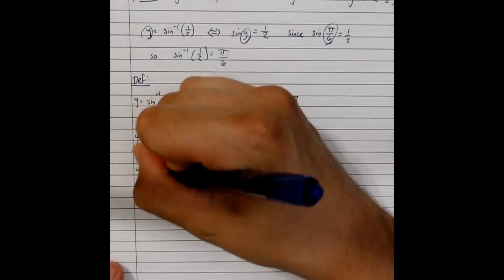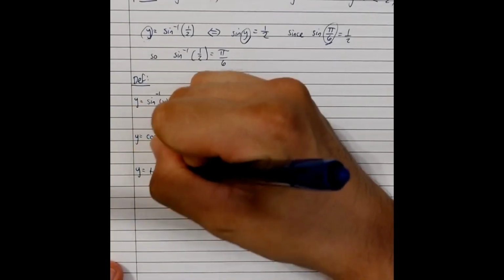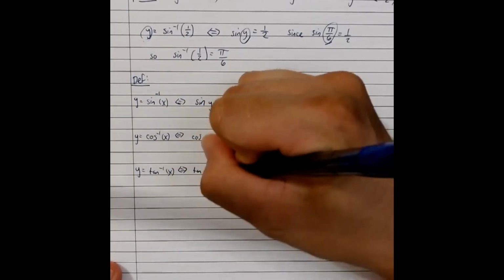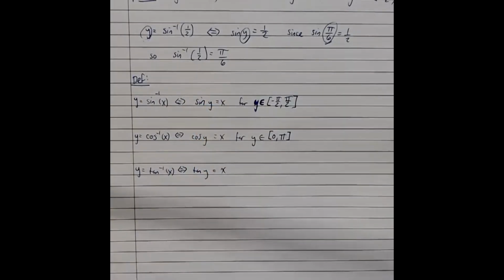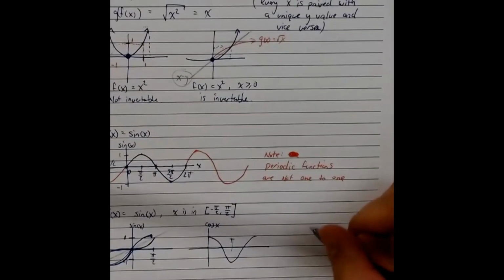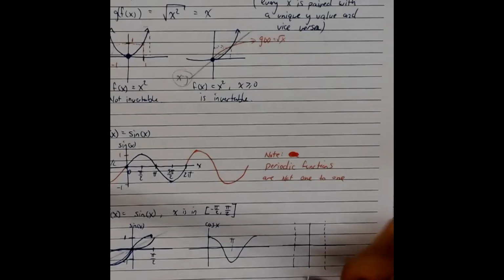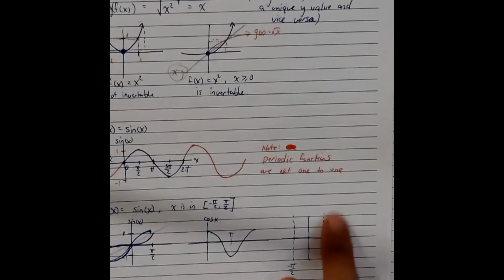Y is equal to the tangent inverse of x. That's equivalent to saying that the tangent of y is equal to x. Now the tangent has its own natural restriction, because remember, the tangent of x has a graph where from negative pi over 2 to positive pi over 2, you have the central period, and at those two values, you have an asymptote.